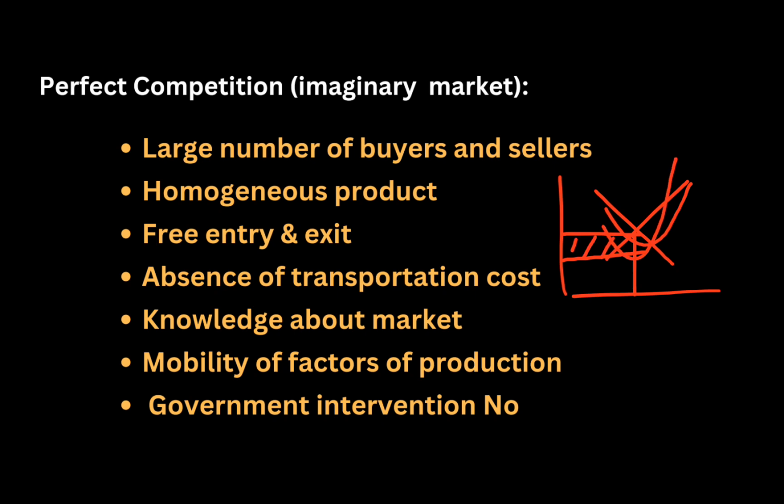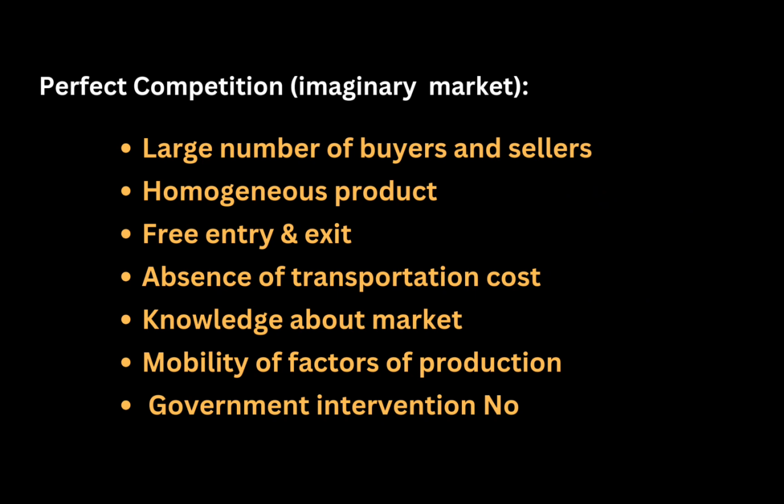This part is called a supernormal profit. If a market earns a supernormal profit, new firms can enter the market. If a market is under loss, the existing firms will get out. That is why it is called free entry and free exit. There are no trade barriers, no barriers for entry and exit.